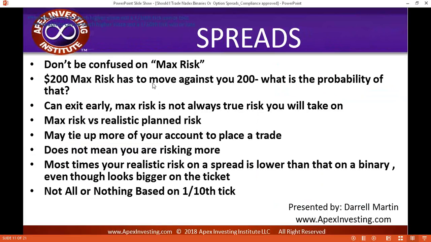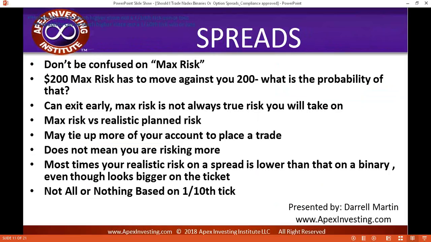Okay, there's a difference. Don't be confused on max risk. There's a difference between max risk and planned risk, or realistic planned risk, because you can exit early and follow your strategy. I mean, if that said $200 max risk, the market has to move against you 200 ticks. What's the probability of that?